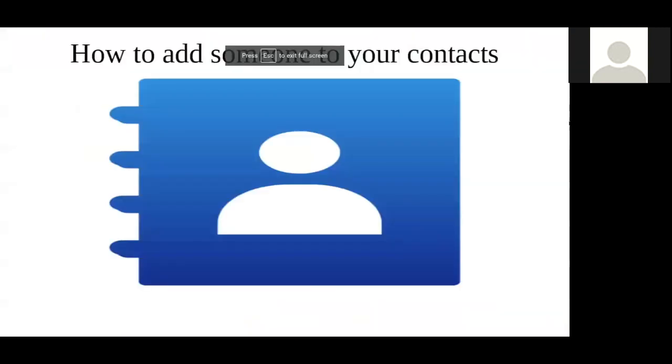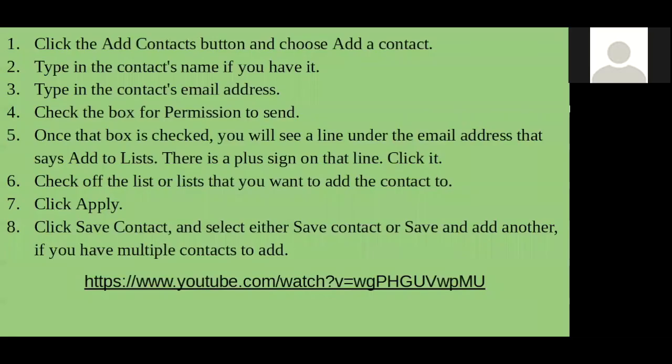This is how to add someone to your contacts. Click the Add Contact button and choose Add a Contact. Type in the contact's name if you have it. Type in the contact's email address. Check the box for permission to send. Once the box is checked, you will see a line under the email address that says Add to List.